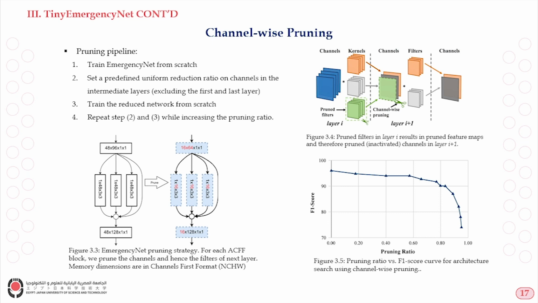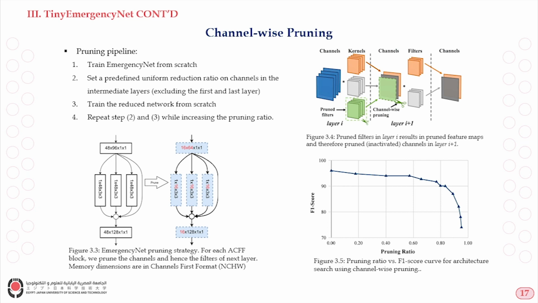In this case, because we were reducing the number of channels in the architecture of the model, we were removing a certain number of channels per layer, and that is determined by the reduction ratio. After this, we retrain the reduced network to see its performance, and then we repeat until we have a trade-off between the size as well as the performance.